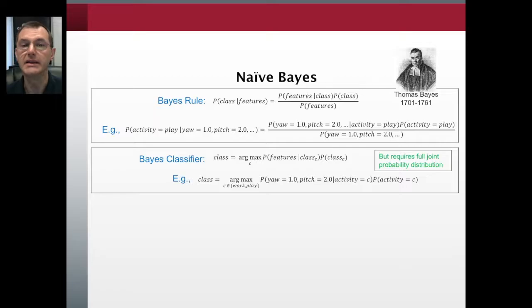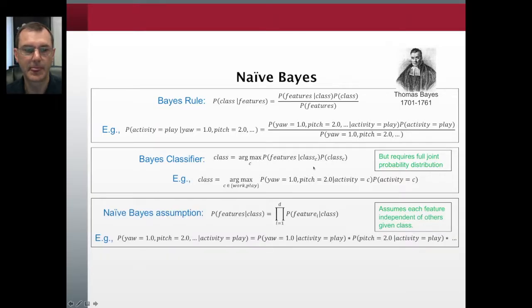So this is where the naive part of Bayes comes in, and we're going to make an assumption about these features that will allow us to compute this a little bit more easily. The naive Bayes assumption is essentially that we're assuming that all of these features are independent of each other. If that's the case, then this full joint probability distribution becomes just the product of a bunch of very simple single feature probability distributions.